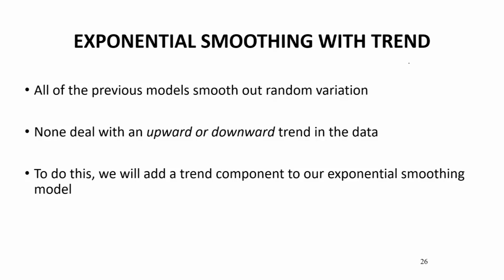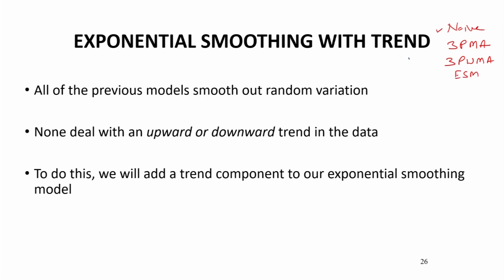Now, come to the exponential smoothing method with trends. So far we have taken the random variations. Let me explain again, just to recollect the previous models which we have studied so far, that is the 3 period moving average, then 3 period weighted moving average, and then exponential smoothing method.